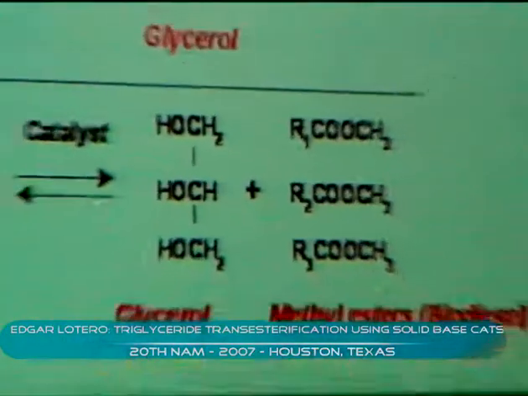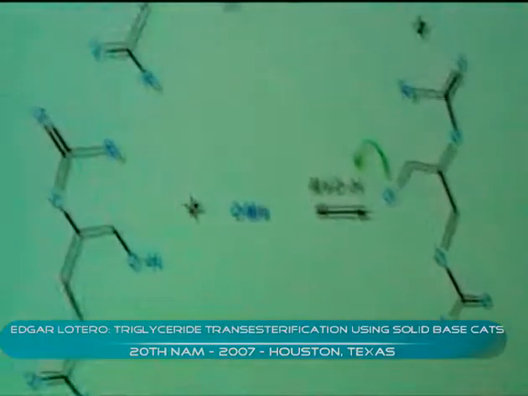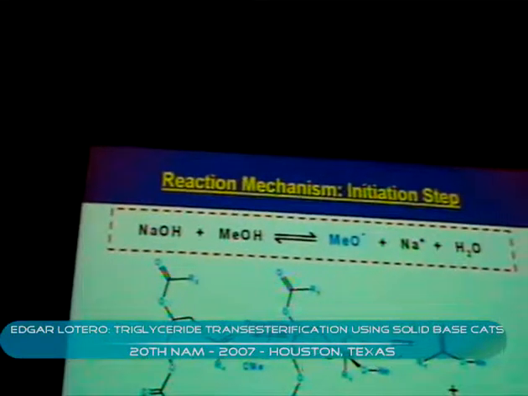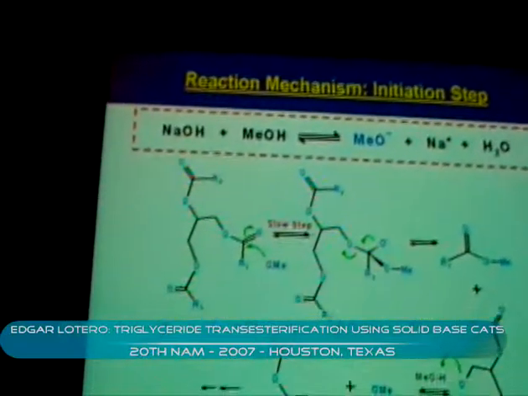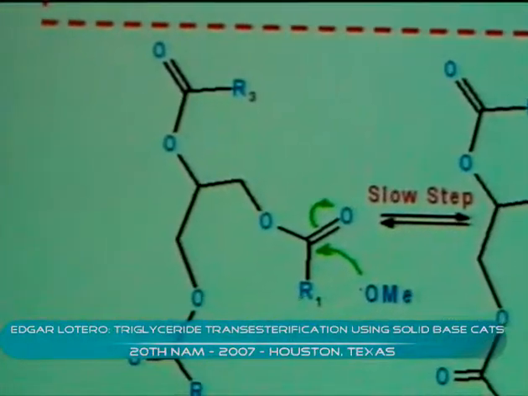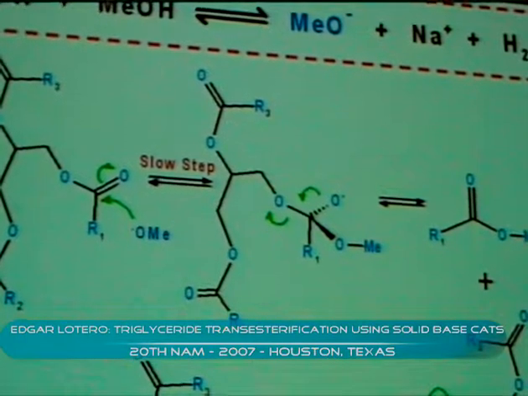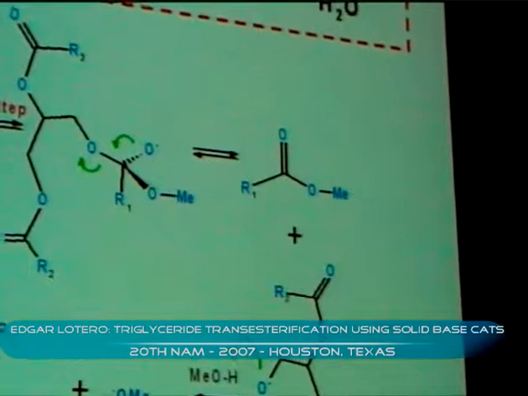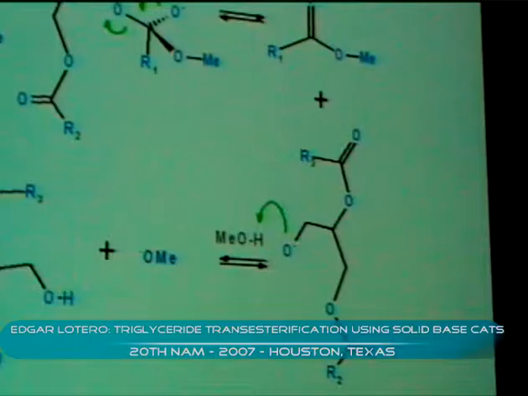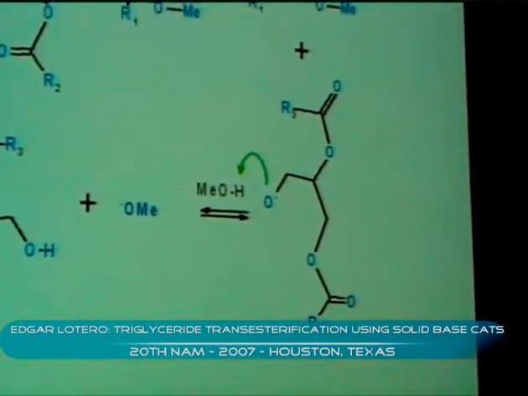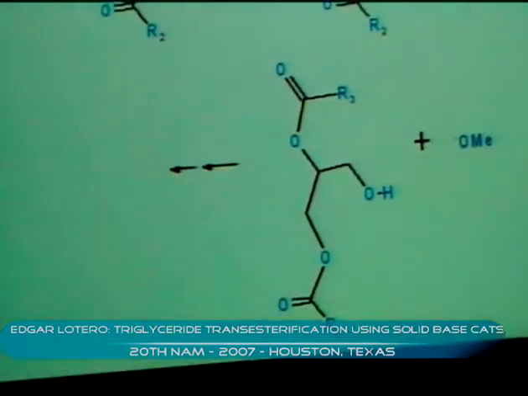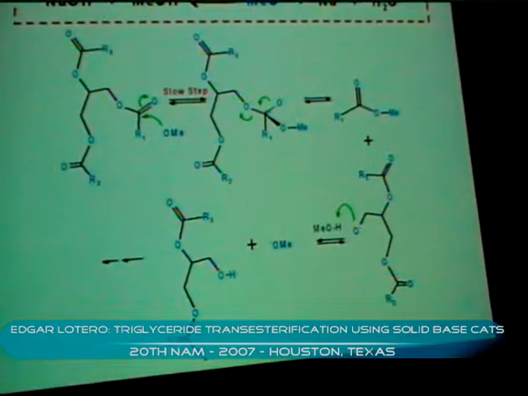Okay, so when you're thinking about catalysts, solid catalysts for this reaction, one has to look at the most likely mechanism. And since few studies have been done in this field, we are going to assume that the mechanism for solid bases is probably parallel to the mechanism when you're using a liquid base.